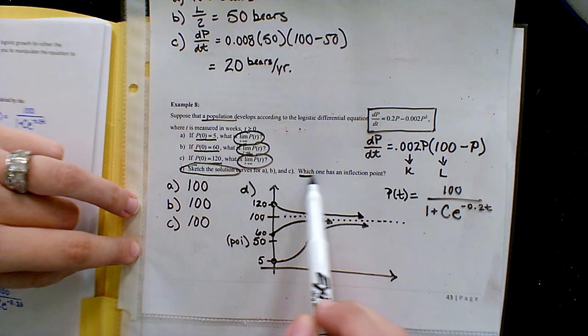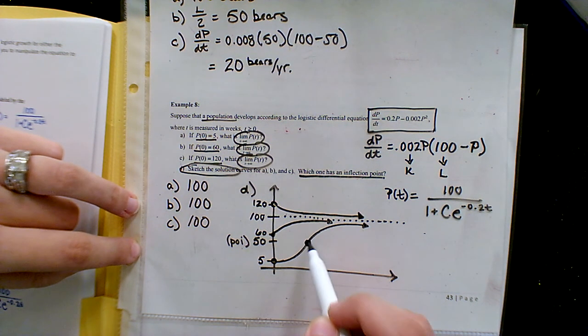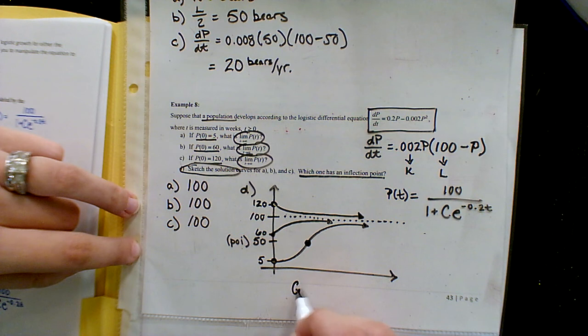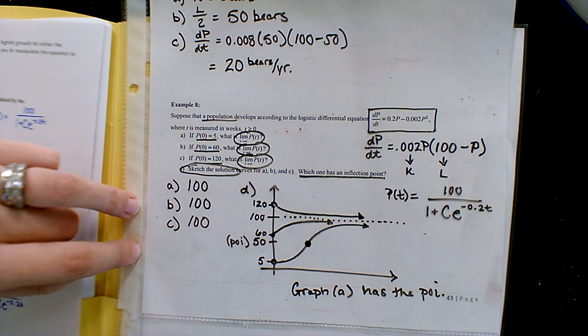All right, so which one of these graphs has an inflection point? Which one are you able to say is growing the fastest at some point? A, yep. Graph A has the point of inflection.